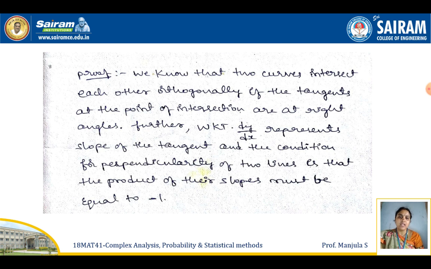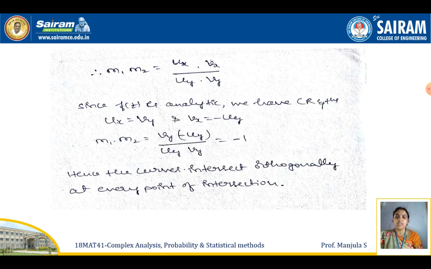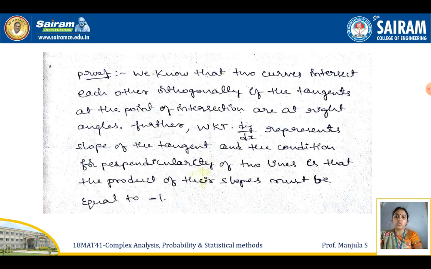It means the angle between the two curves is 90 degrees. Further, we know that dy by dx represents the slope of the tangent, and the condition for perpendicularity of two lines is that the product of their slopes must be equal to -1. In symbols, m1 m2 equals -1. That only we have to prove now.